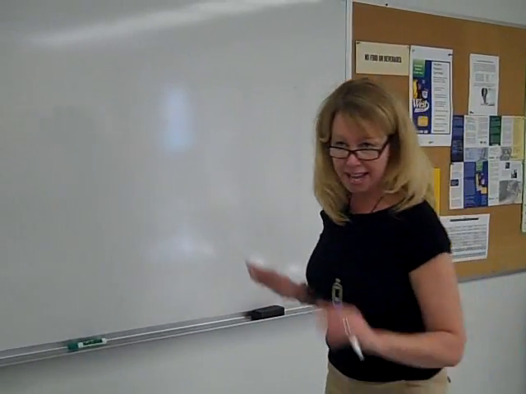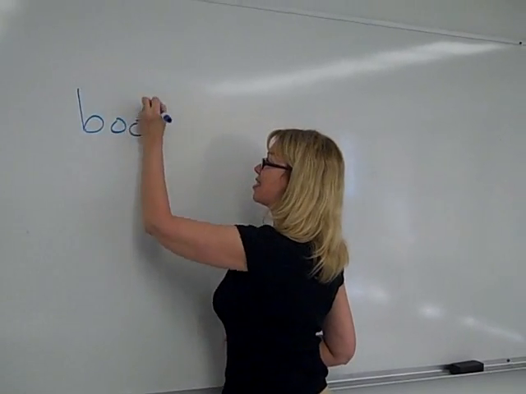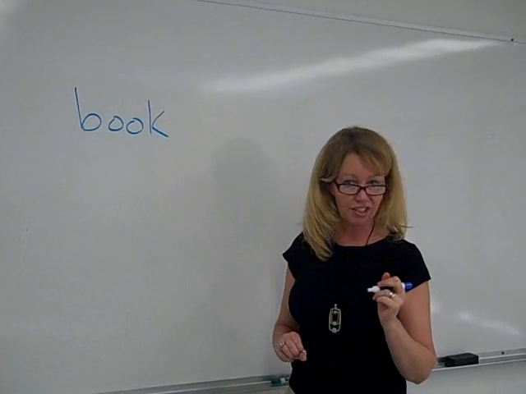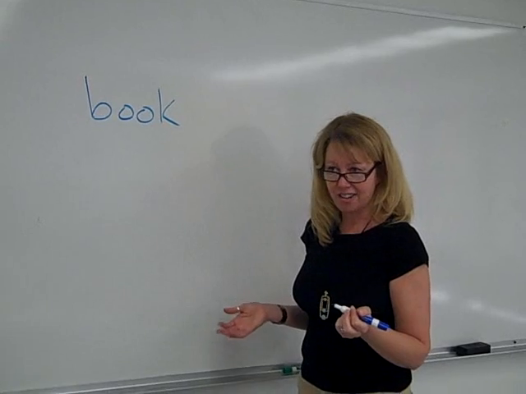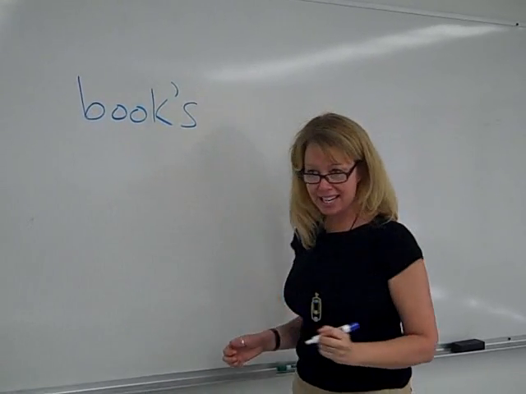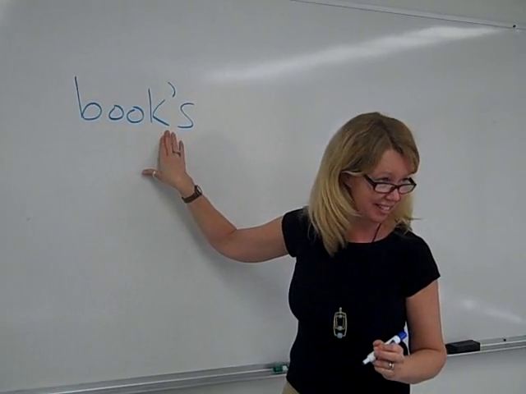Because what really makes me crazy when I see native speakers do this, okay, for example, here's book, right? That's a singular noun. So what's the plural of book? It's very easy, right? Books, okay? But sometimes people do this. It makes me crazy. This is not the plural of books, right?